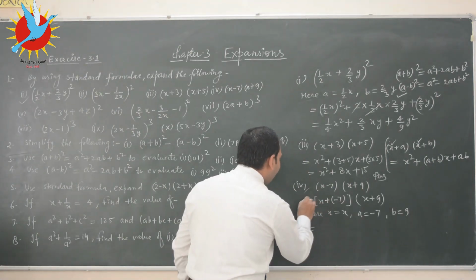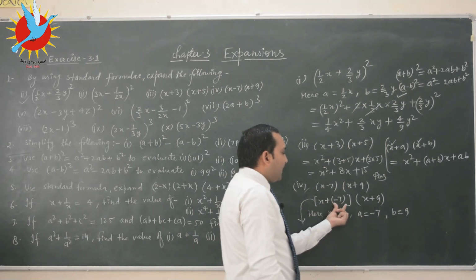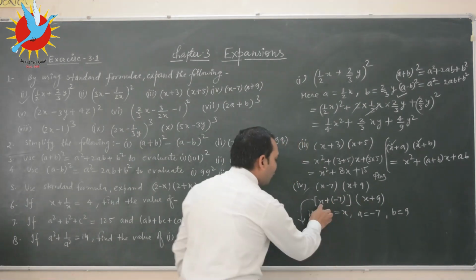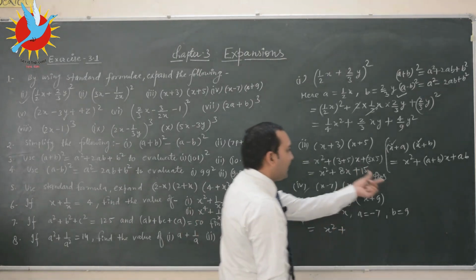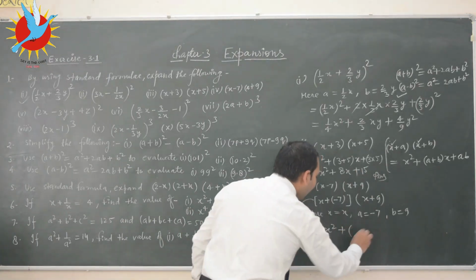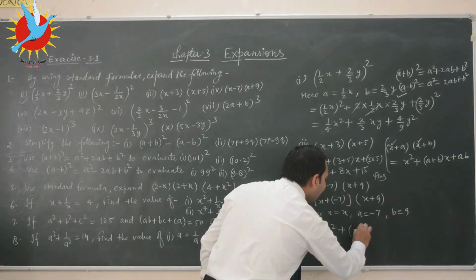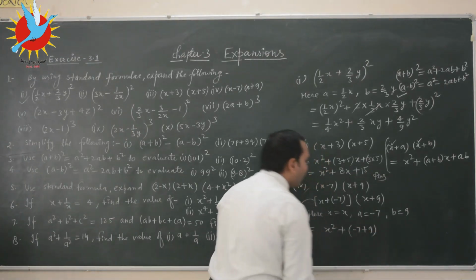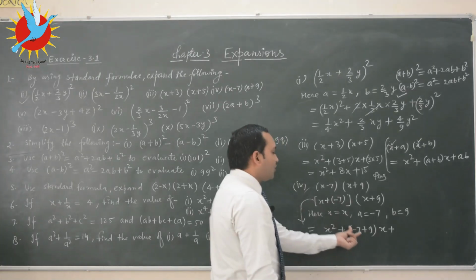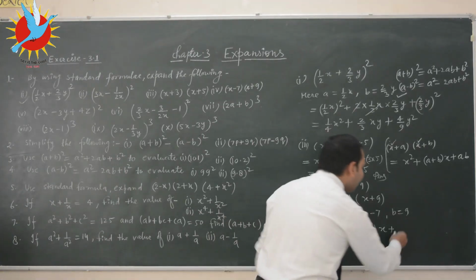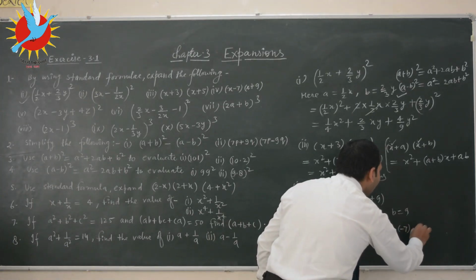We can write from here x plus A into x plus B. So the formula is x square plus A plus B, in bracket A plus B means minus 7 plus 9, into first term, that is x, plus product of AB which is equal to minus 7 into 9.